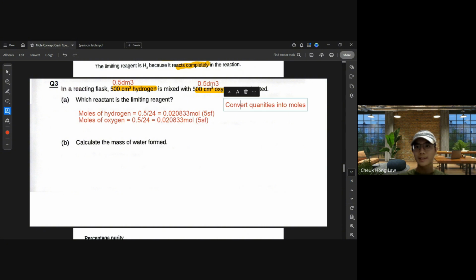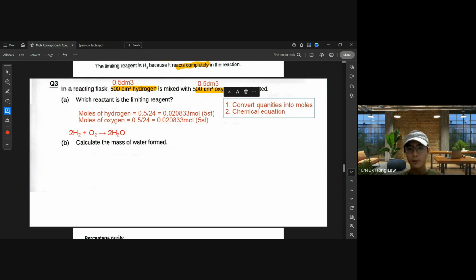What's the second step for stoichiometry? The second step is to write the chemical equation. So this is the chemical equation: we have 2 moles of hydrogen reacting with 1 mole of oxygen to give me 2 moles of water, H2O. What's the third step?